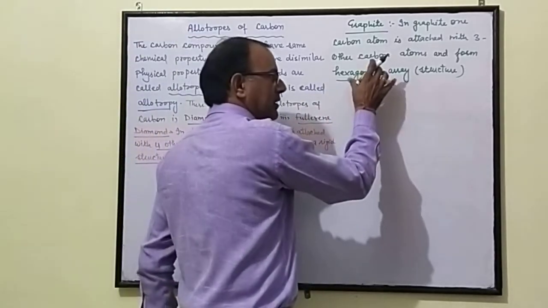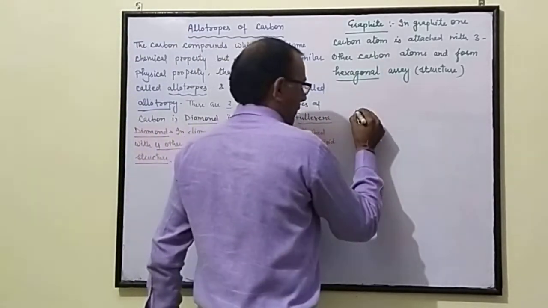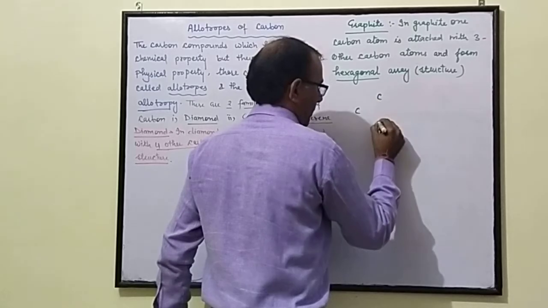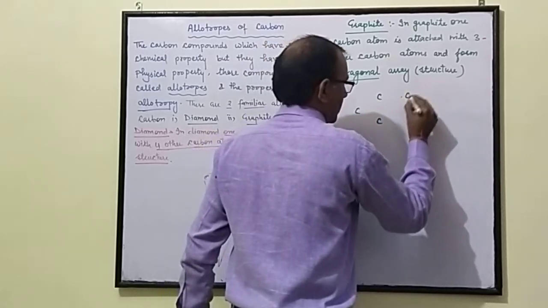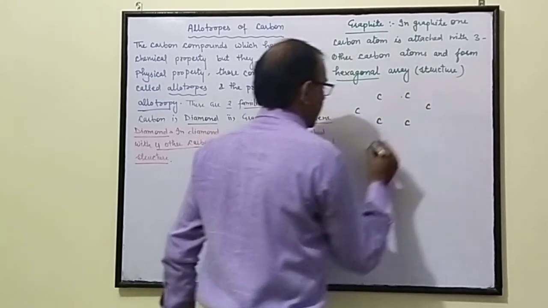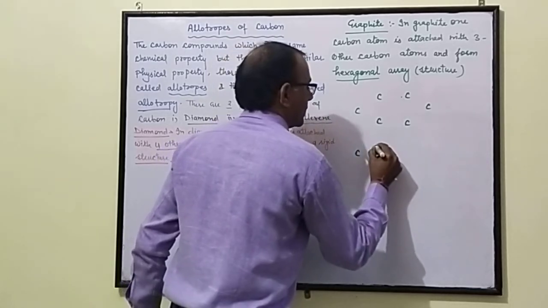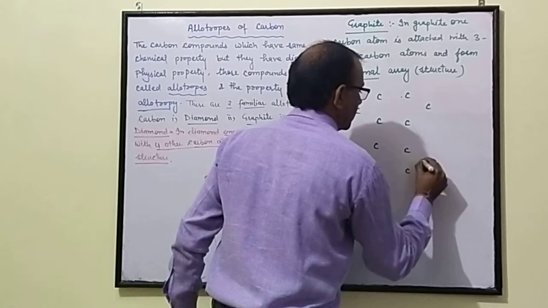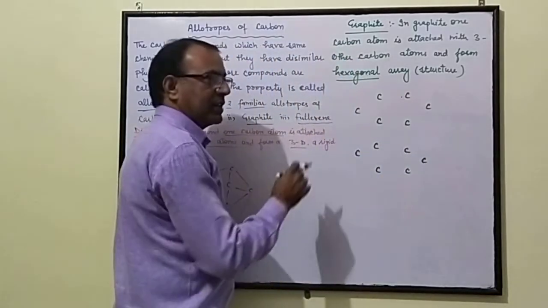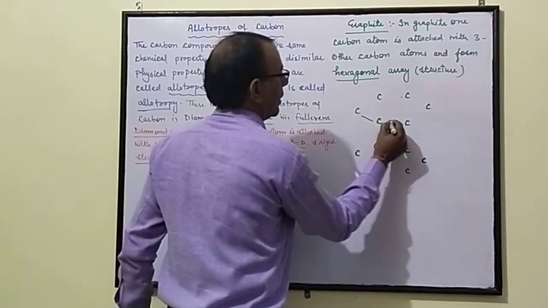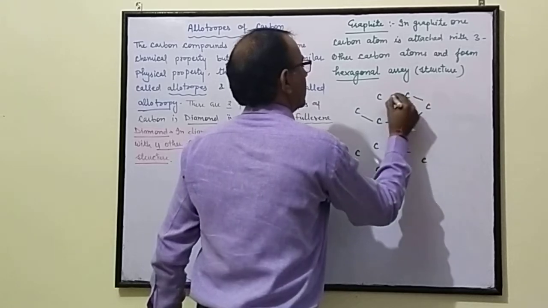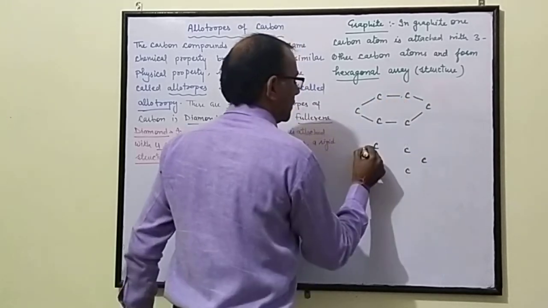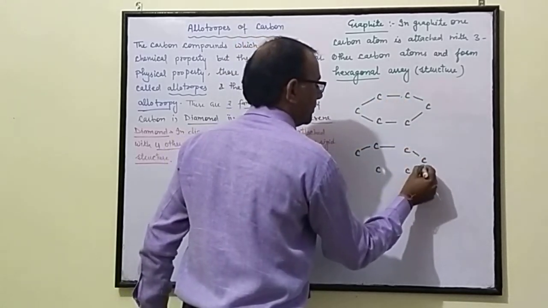For example, how is the structure produced in graphite? It is a 6 carbon ring, and the second structure is also 6. How are the carbons attached with each other? One single bonded. These ones are also the same.